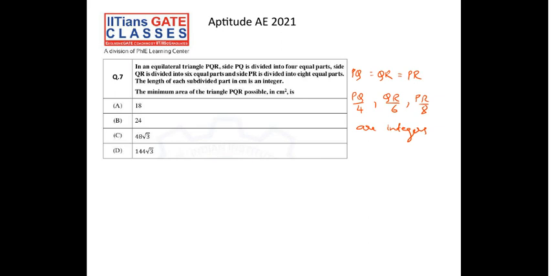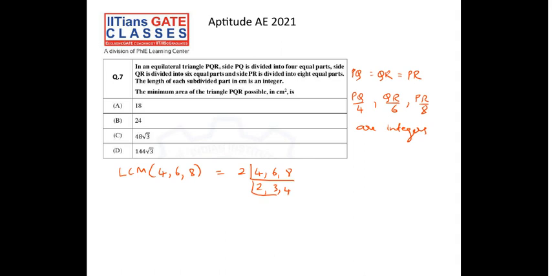And each of these is an integer. So these are integers. To find the minimum area, we need to find the smallest side length. To do that, we take the LCM of 4, 6, and 8.